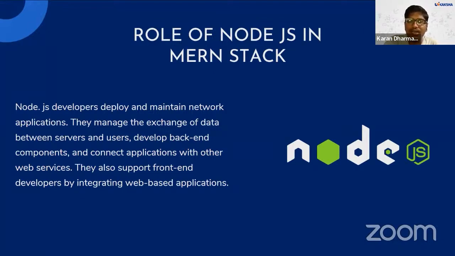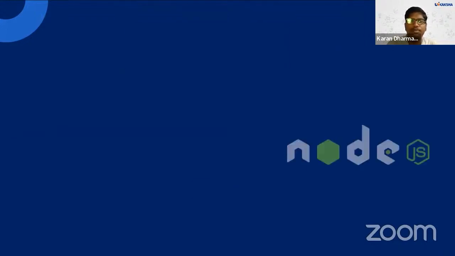And again, the advantage is that you are using the same programming language, JavaScript. So you don't have to learn different programming languages. If you learn JavaScript, you can do the entire full stack development using MERN. You don't have to learn 5 different programming languages. So that's the major advantage of using MERN.